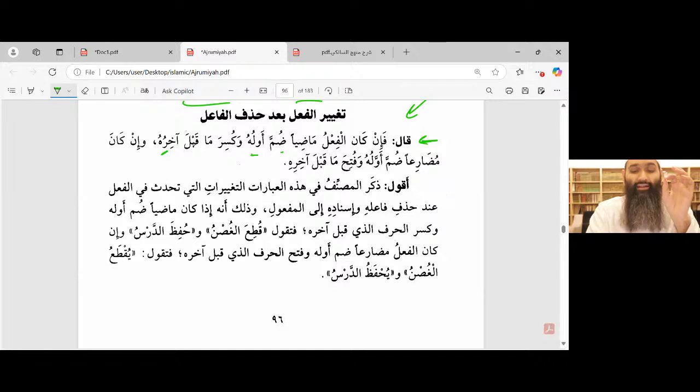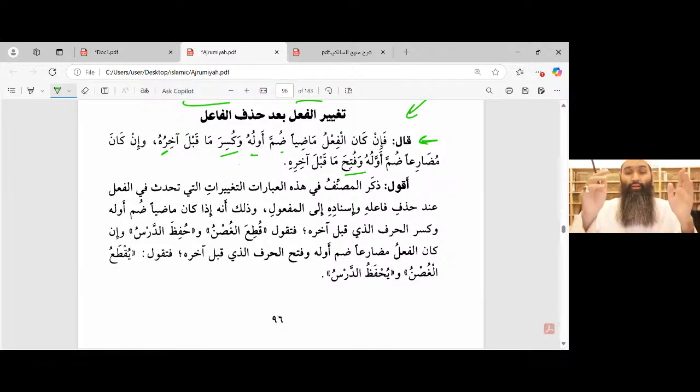And the letter which is before the last letter is maksur, kasra. That's the fi'l al-madi. وإن كان مضارعا, if it's mudari', ضم أوله, again the first letter has a dhamm on it. وفتح ما قبل آخره. This time the letter before the last letter is maftuh.